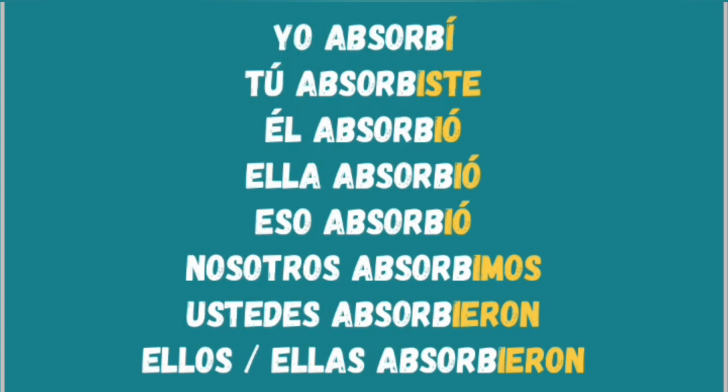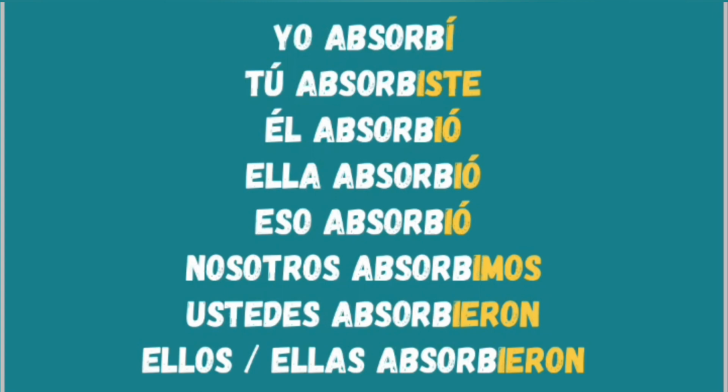Tú absorbiste. Okay, now if you want to say he absorbed, you have to say él absorbió. Él absorbió. Okay, see how the third person personal pronouns are ending with the letter I and not with an accent, okay? Now, if you want to say she absorbed, in Spanish you have to say ella absorbió.